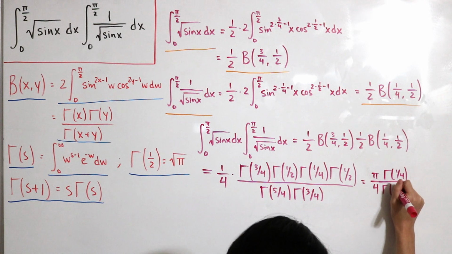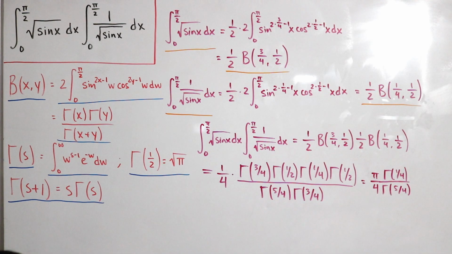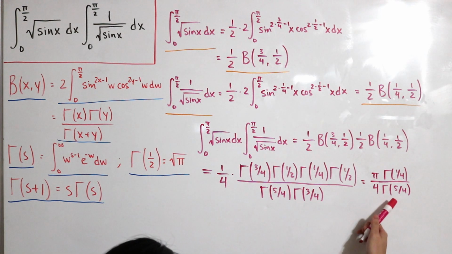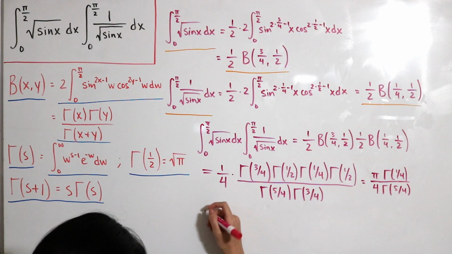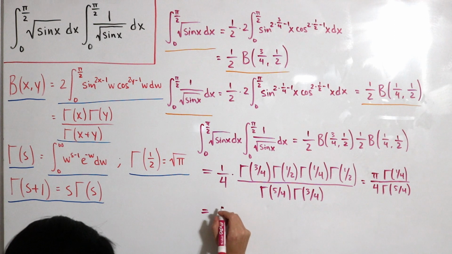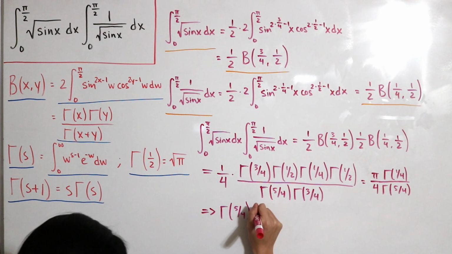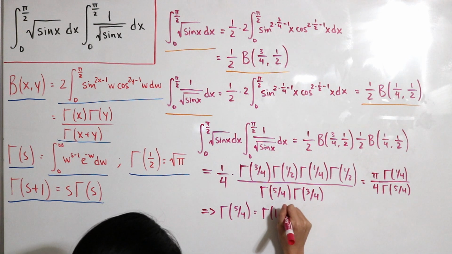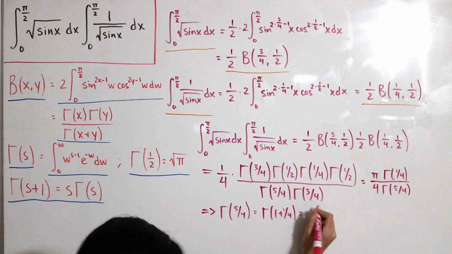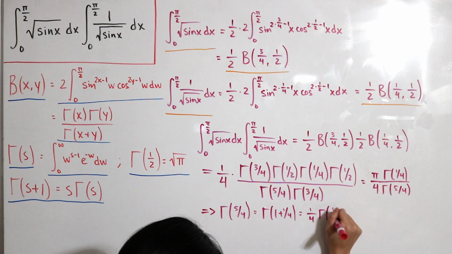Now we're in the home stretch. The last part is we want to rewrite the gamma of 5/4 using the following property. By doing so, gamma of 5/4 is simply equal to gamma of 1 plus 1/4, which is just 1/4 times gamma of 1/4.